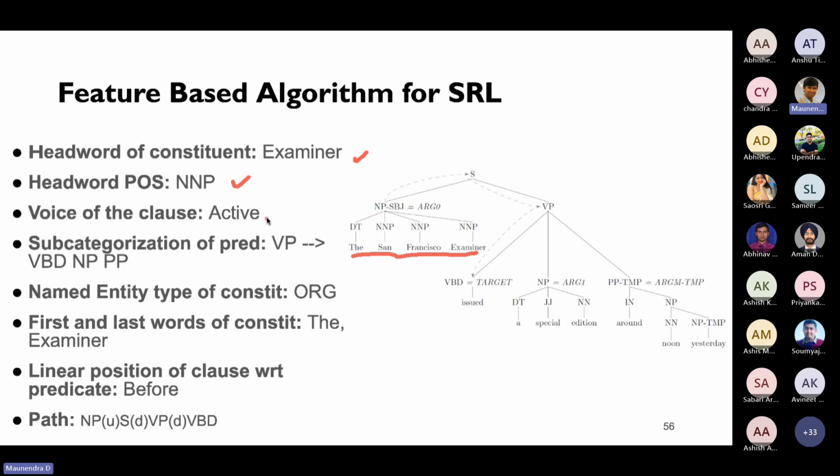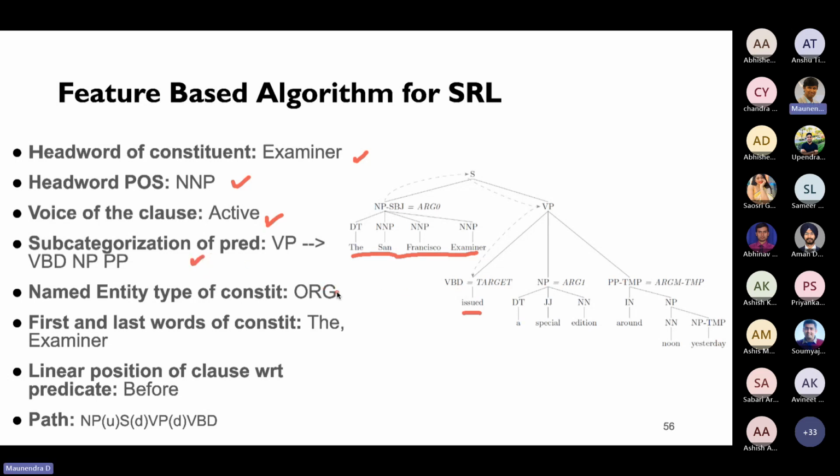The voice of the clause, it is active voice. Subcategorization of the predicate, VP to VBD, NP, PP. So the predicate is the word here, and it is under the VP. And for VP, the subcategorization is VBD, NP, PP. This one.